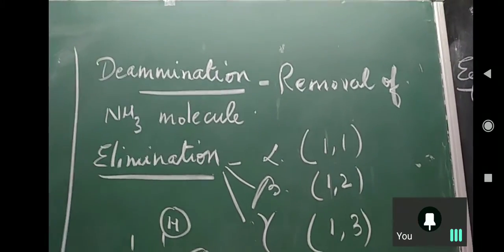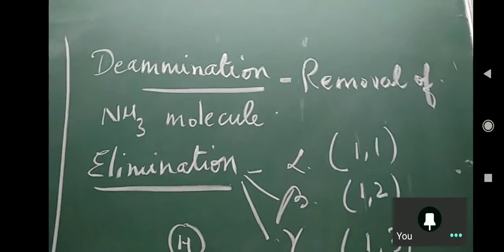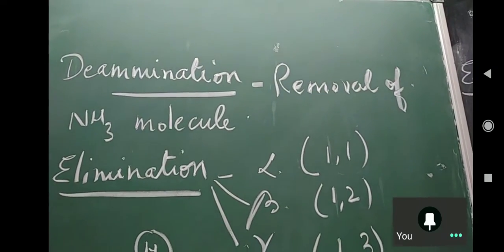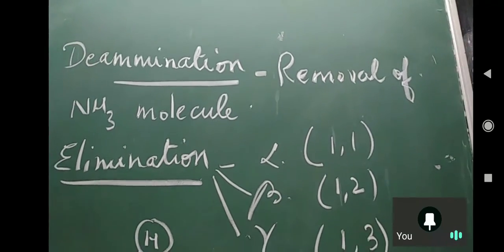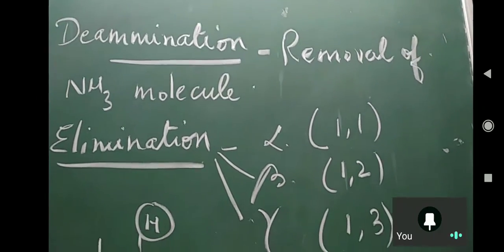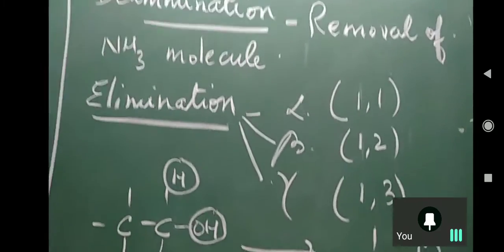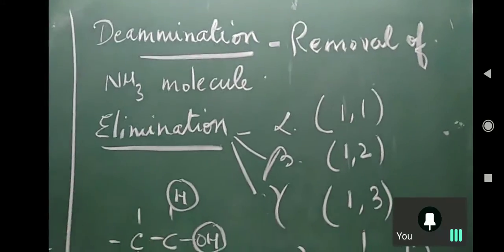Third is deamination. De means removal of ammonia molecule. Okay. This you will do in class 12 under the chapter of amines.